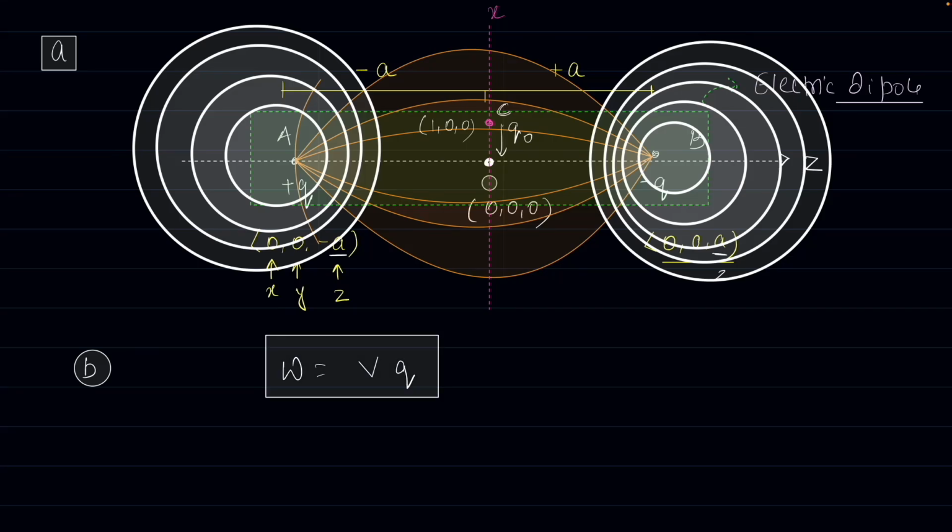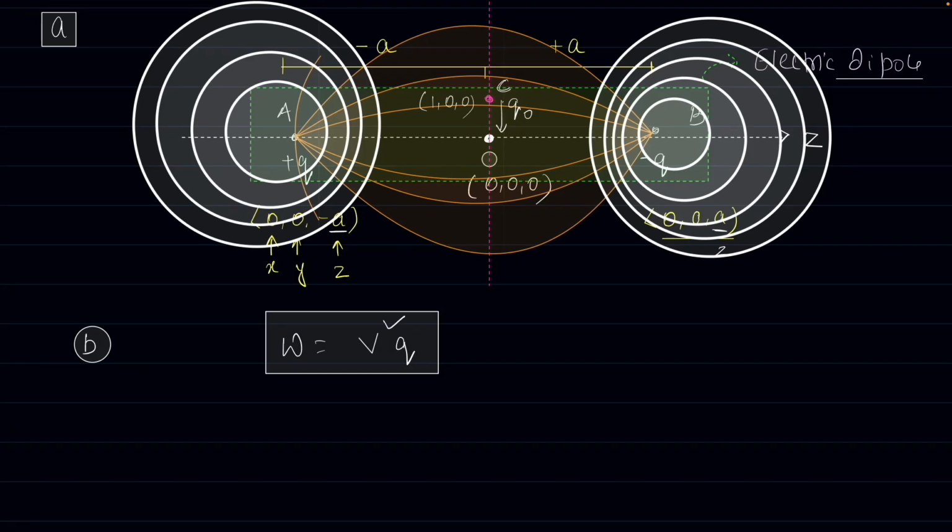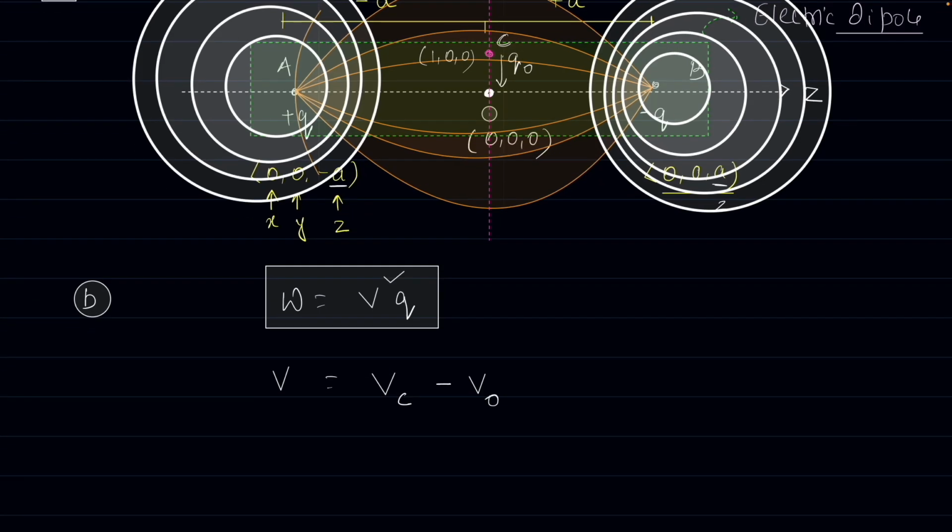We know that in this case work is equal to V into Q. So to find the work, we need to first find the potential difference. V is equal to Vc minus Vo. The potential at C is equal to the potential due to the charge plus Q plus the potential due to the charge minus Q. The potential of a point charge is V equal to kq by r.